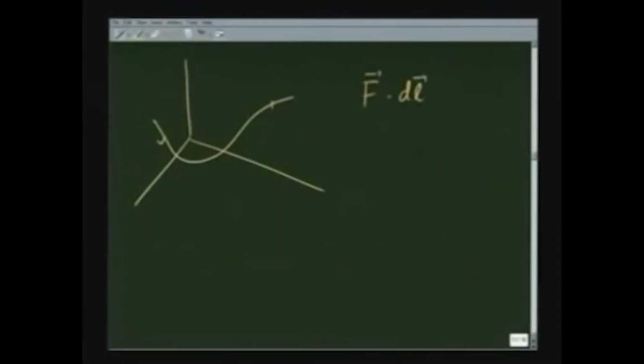So, if I calculate F dot dl from point 1 to point 2, is it the same whether I take this path or some other path or third path, or is it different? In general, the answer is that it could be different. The most simple example for this is the frictional force.